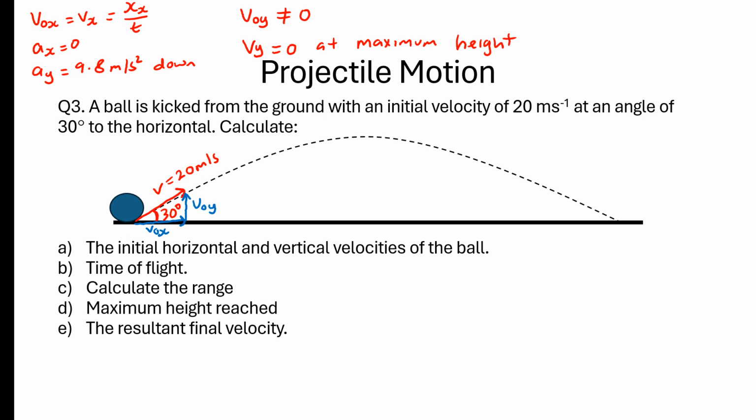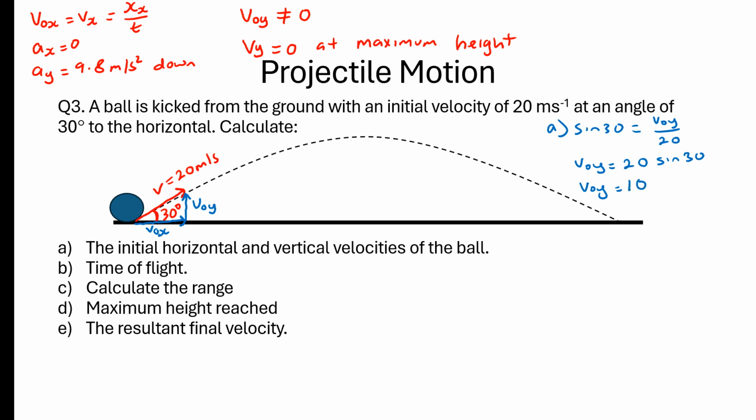Okay, I will do question A here: sine 30 equals opposite over hypotenuse, v naught y over 20, and therefore v naught y equals 20 times sine 30, which equals 10.